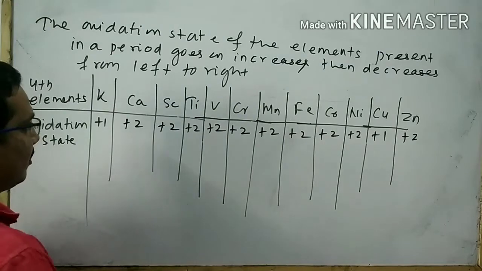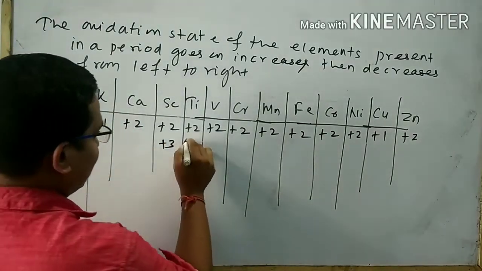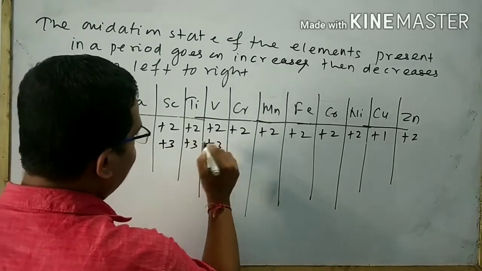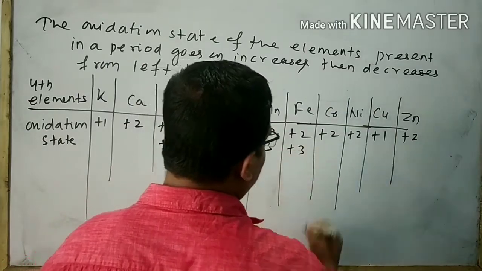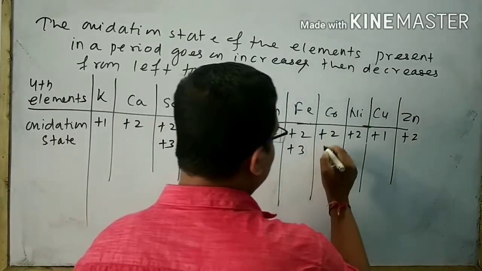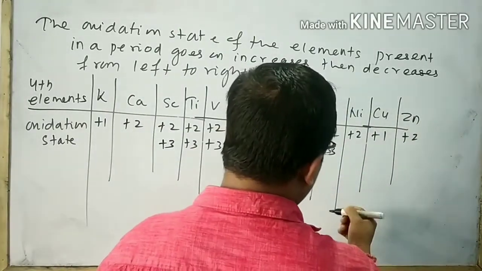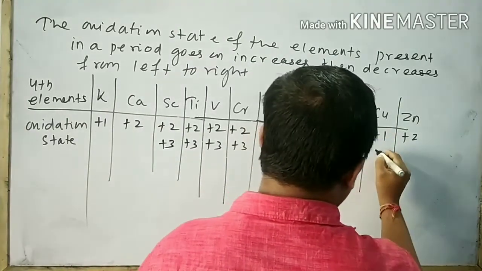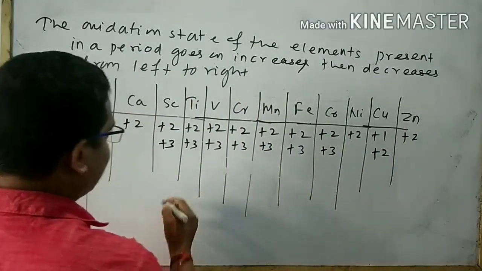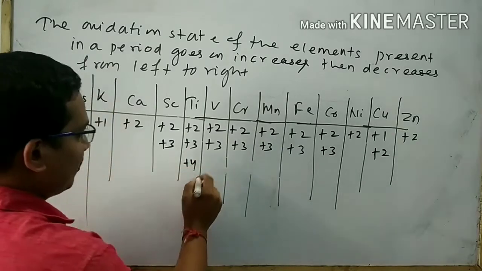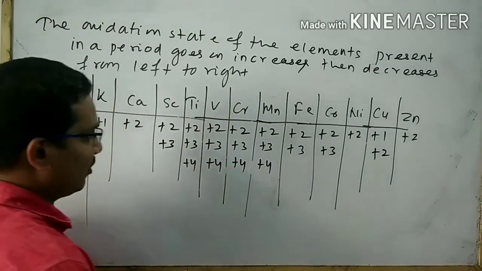Next I will discuss the +3 oxidation number. Scandium shows +3, titanium +3, vanadium +3, chromium +3, manganese +3, iron +3, cobalt also +3, and copper +2. Titanium shows +4, vanadium +4, chromium +4, manganese +4.